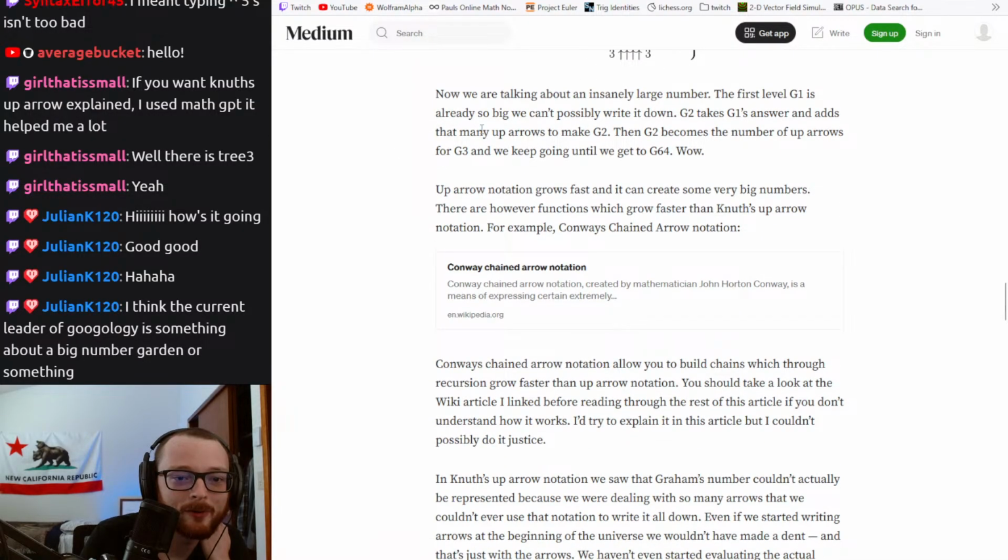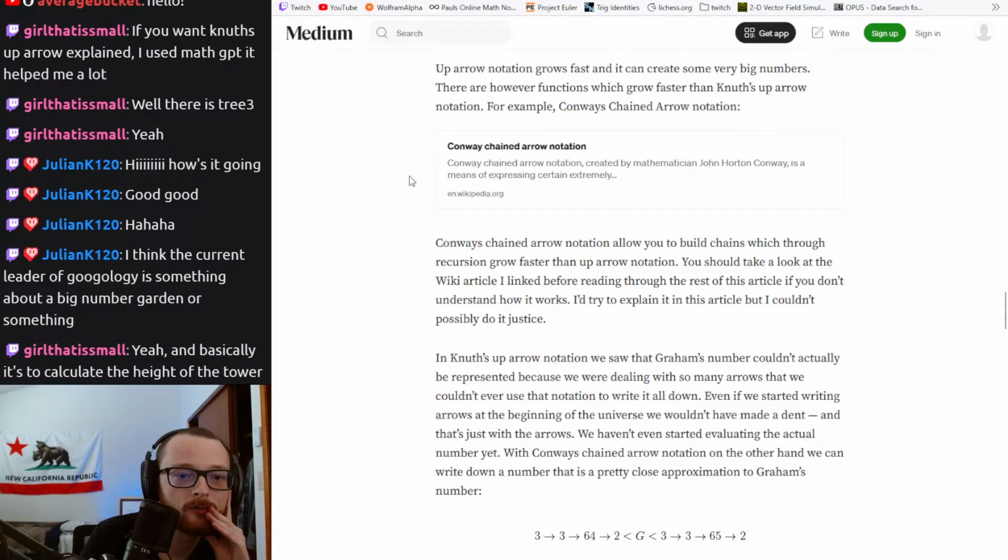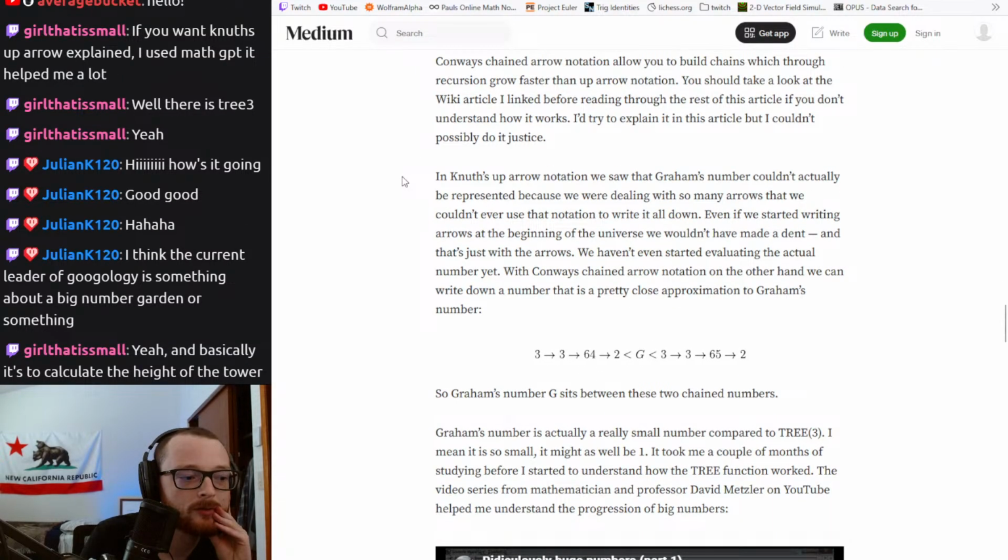Well, G1 is already so big we couldn't write it down. Yep. Fast growing, increasing very big numbers. Conway's chained arrow notation. Calculate the height of the tower. Okay. This is faster than up arrow notation.